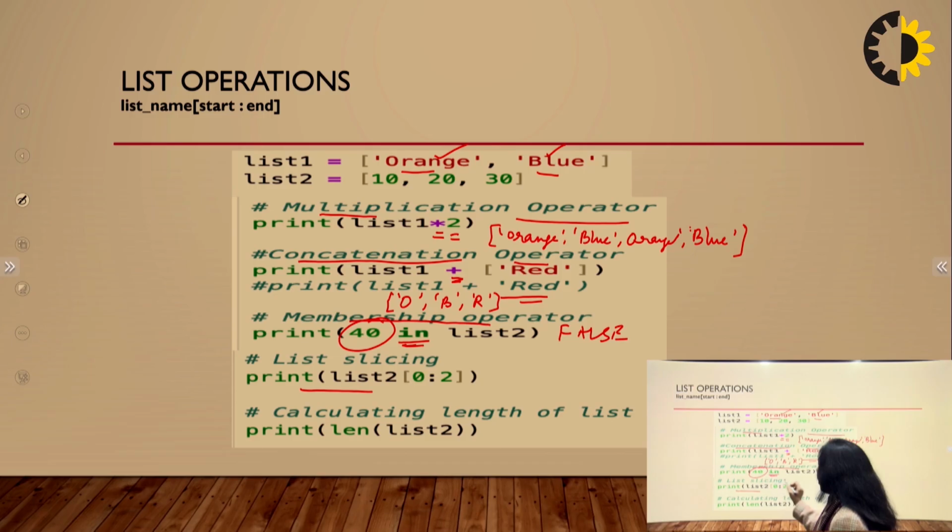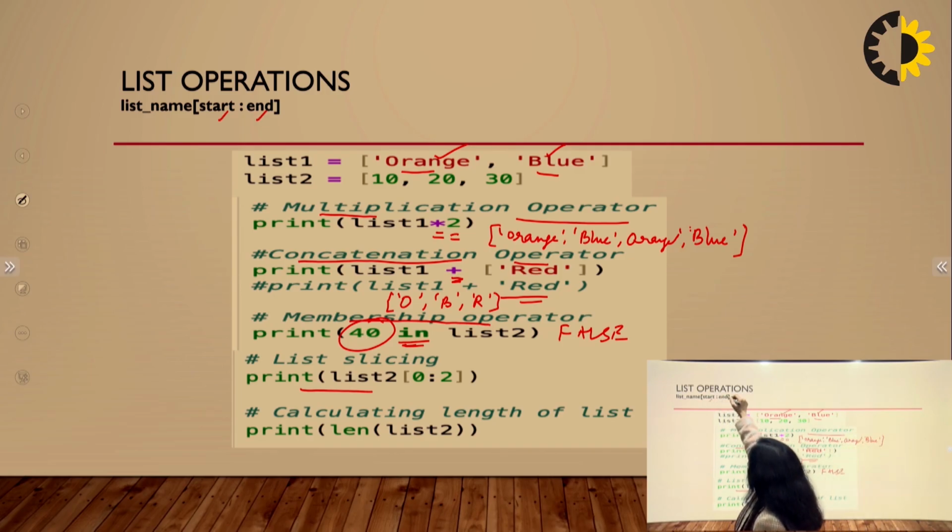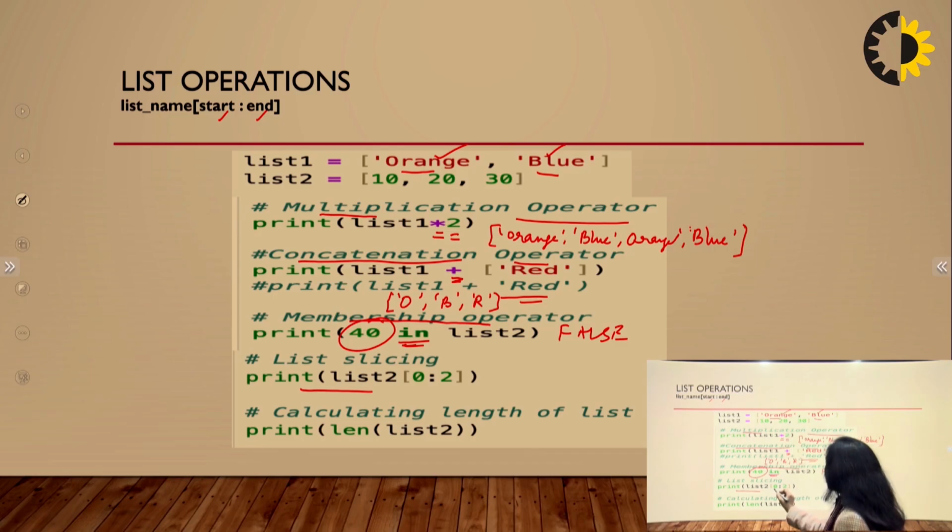Slicing. Another property of list is that other than indexing, it could be sliced according to the index. The index value is such that it has start and end value given. Okay. So it's asking for the list 2, that is 10, 20 and 30, to be sliced starting at the 0th index and ending at second.